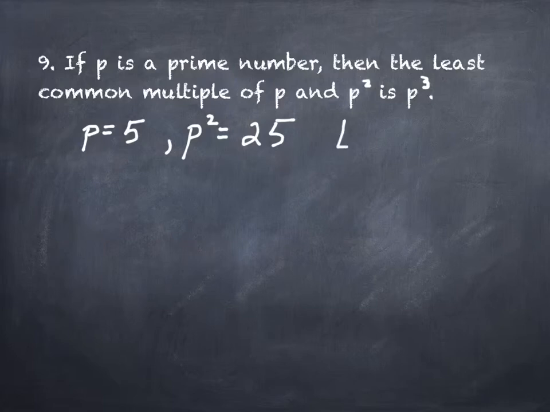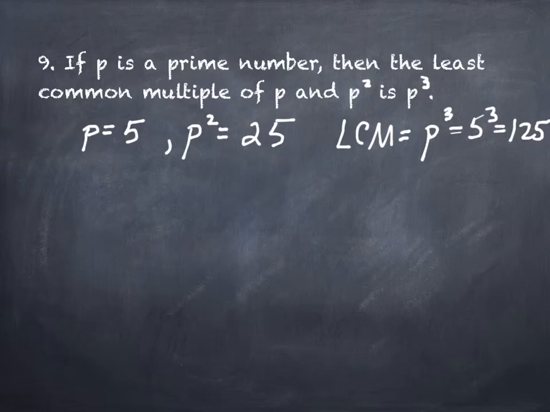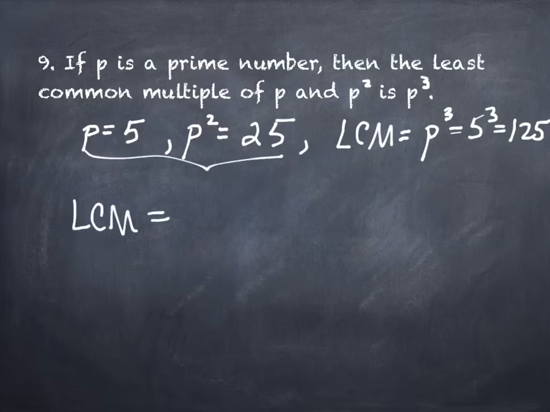And the question is, is the least common multiple then p cubed, which would be 5 cubed, which would be 125? No. Adam, why not? There's 25. Right, the least common multiple of the example that I created would actually be 25, right? 5 times 5 is 25, 25 times 1 is 25.